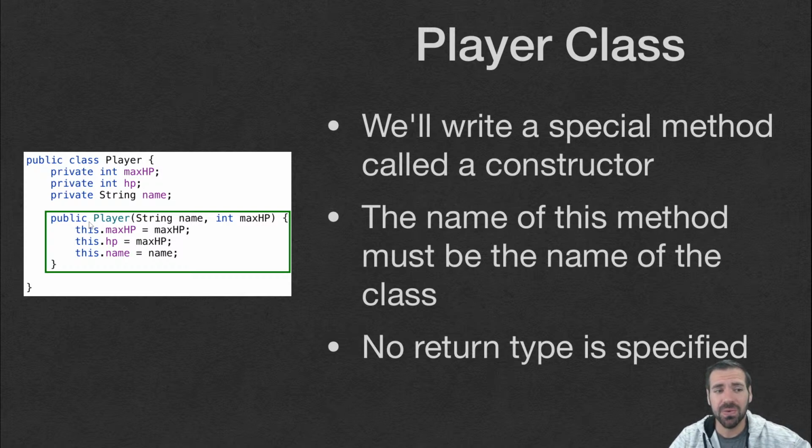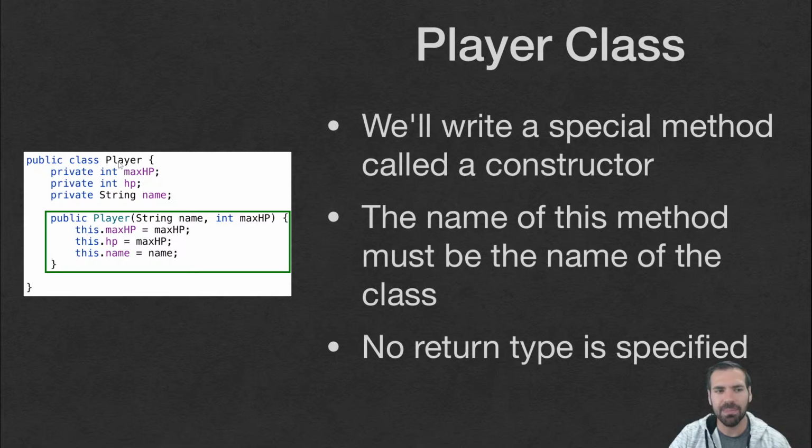It has a few unique properties that tell Java that this is a constructor. Just like a main method, you set up your main method in a very specific way, and that tells Java, hey, this is the main method, this is where the program starts. With a constructor, there's a few things we do. One, the name of the method exactly matches the name of the class.